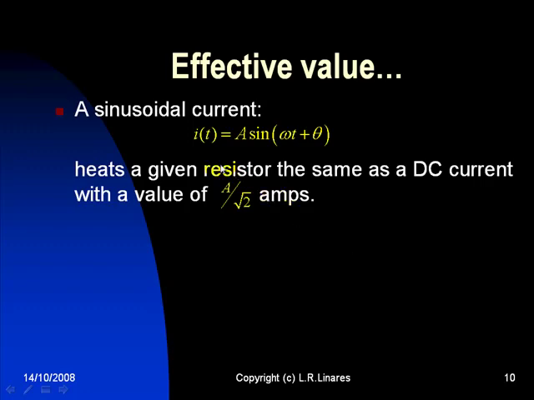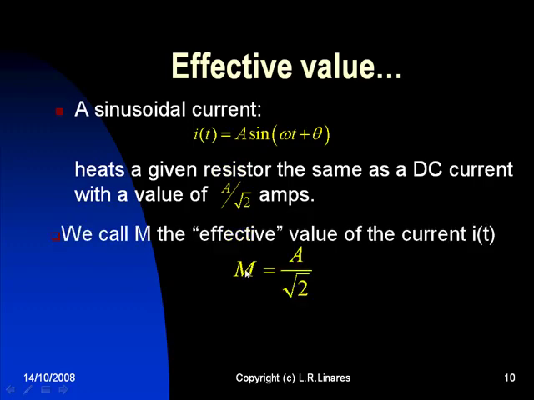Well, from now on, a sinusoidal current used to be written like this. i of t has a peak or amplitude value A. But the effective value of that current is A divided by root 2, right? We call M the effective value of that current.